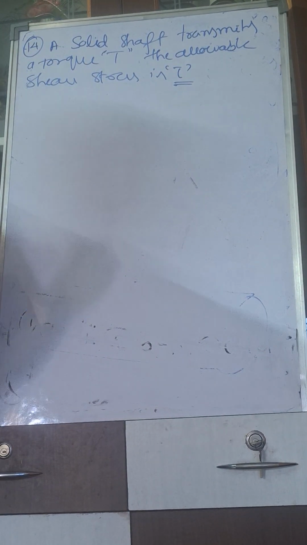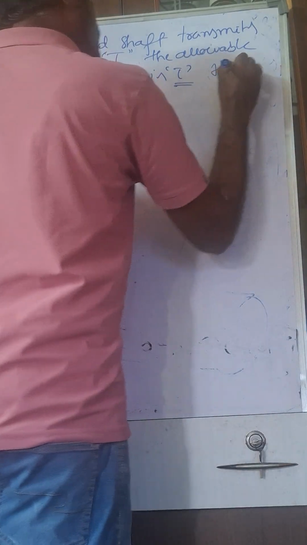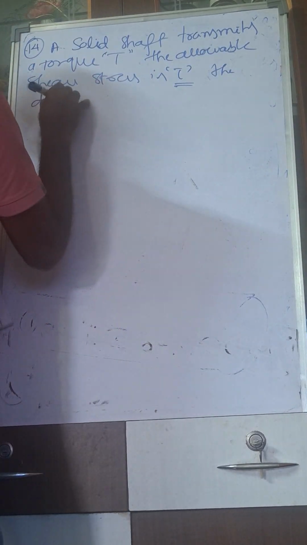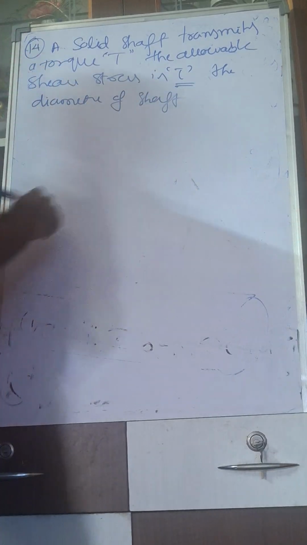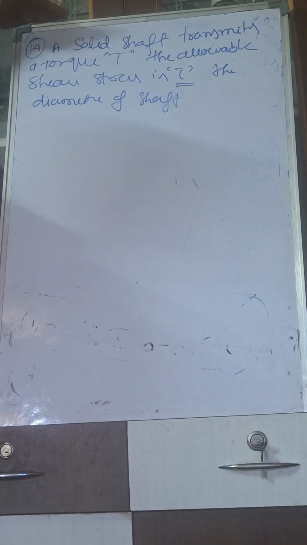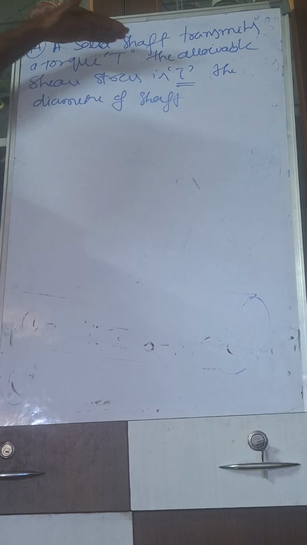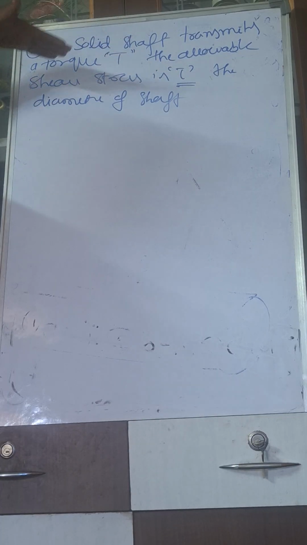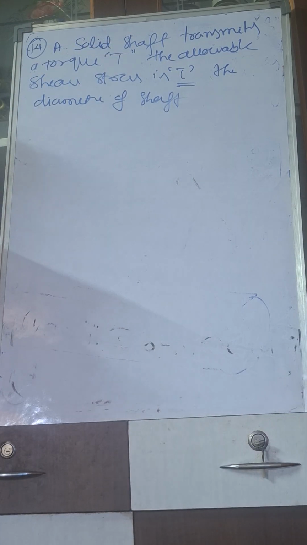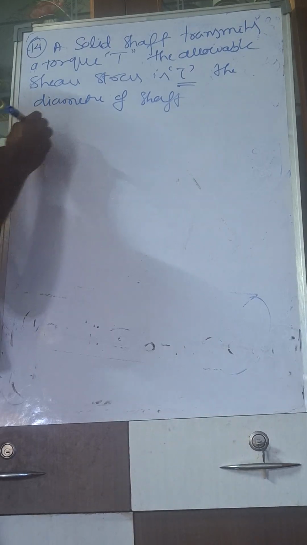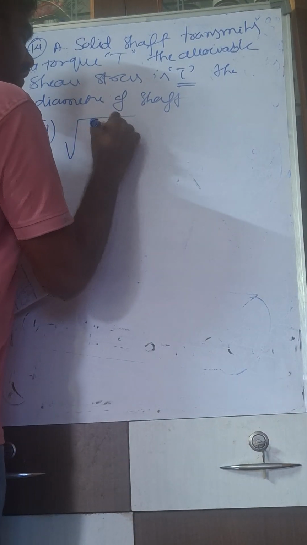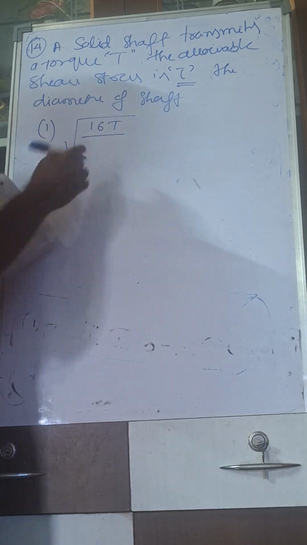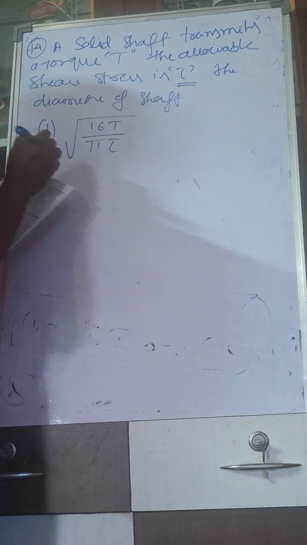The diameter of the shaft. See here, a shaft transmits the torque T, the allowable shear stress tau, the diameter of the shaft. The first one: cube root of 16T divided by pi tau.